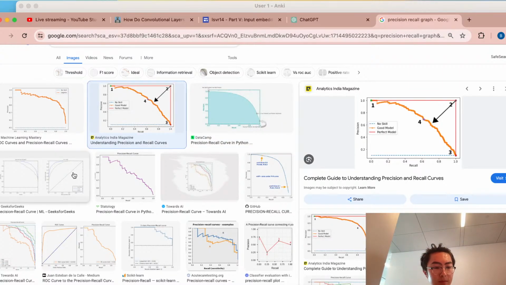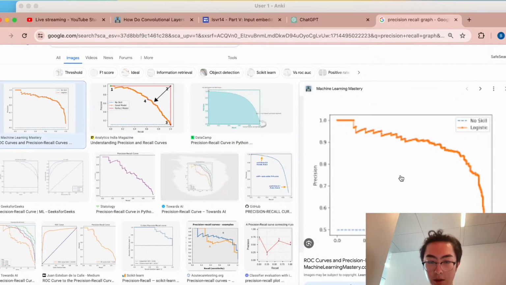So, let me try to find, let's just do this one. So we have true positives over false positives and true positives here. And then this is true positives divided by true positives and false negatives.